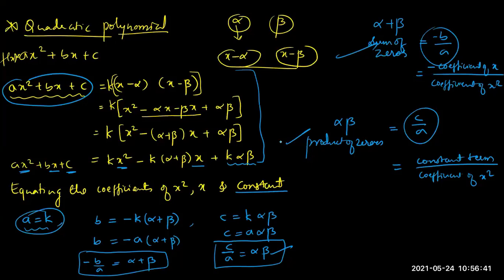K, how it comes, I will explain later while solving examples, because some examples will come in which only K is used. Other than that, we will not use K. When you are solving examples, I'll explain it. Is it okay, Shifa? Are you there?